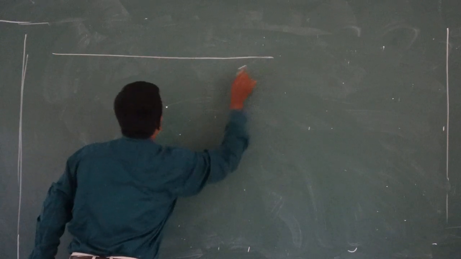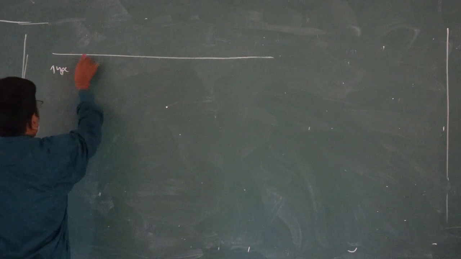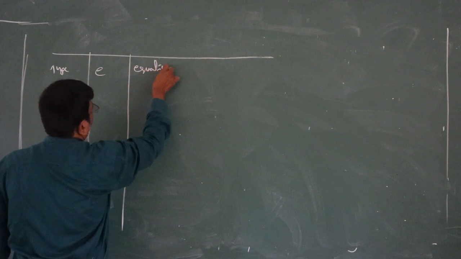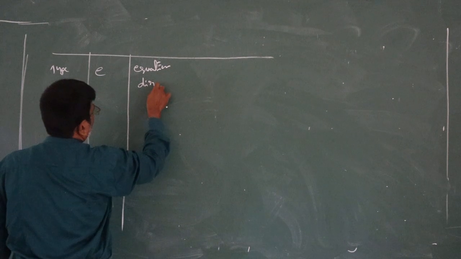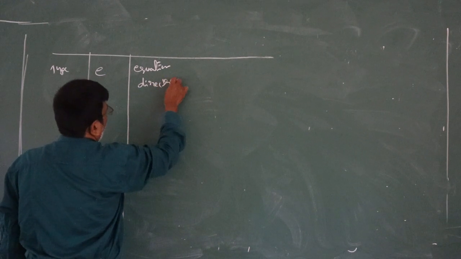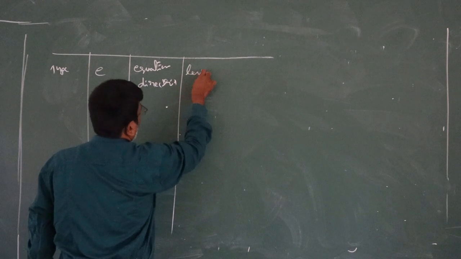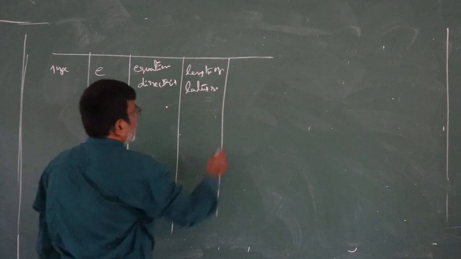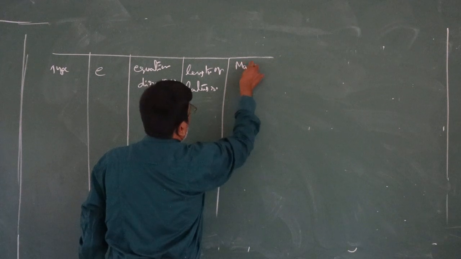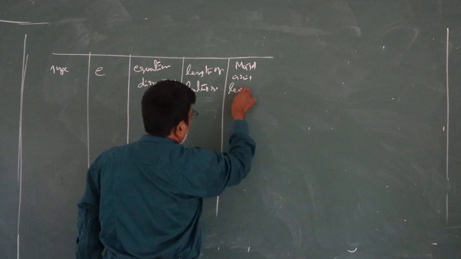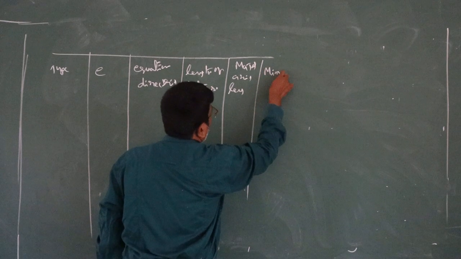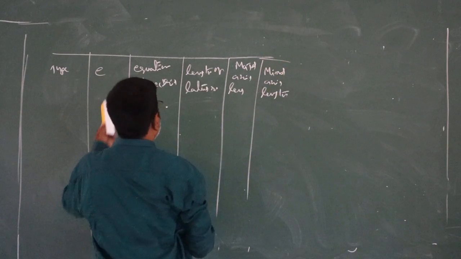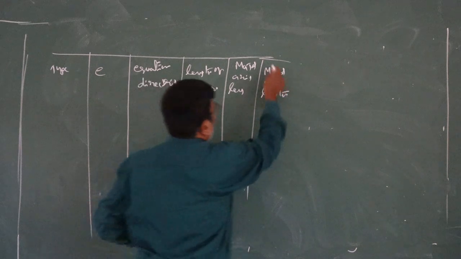There must be some columns like this: type of ellipse, eccentricity E, equation of directrix, length of latus rectum, major axis length, and minor axis length.